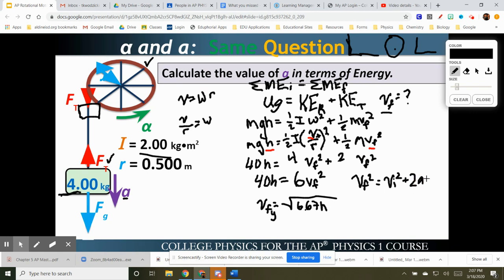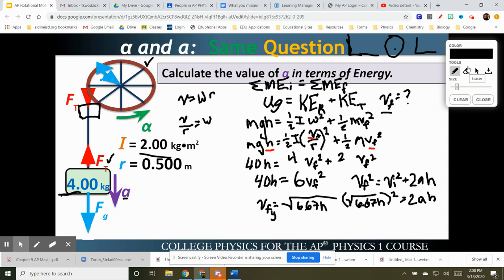Yeah, so normally we say this is delta y here, but we can also recognize that y is h. Okay, so we can do some number plugging. So square root of 6.67h, but this whole thing is squared here. Velocity initial is 0, so I'm not even going to write it. 2ah.